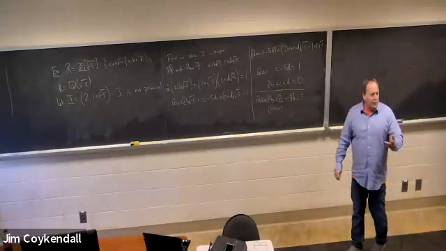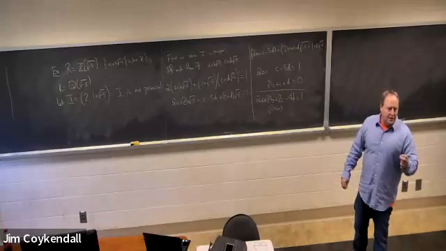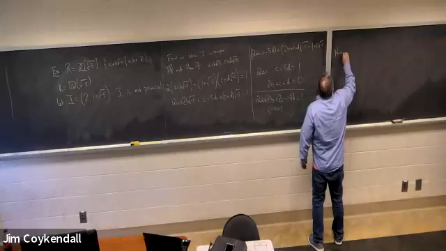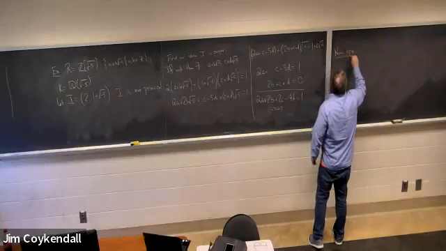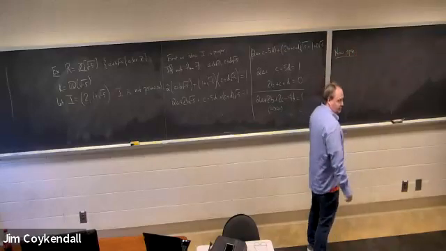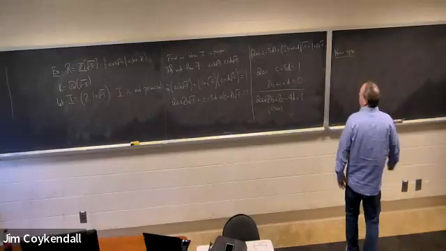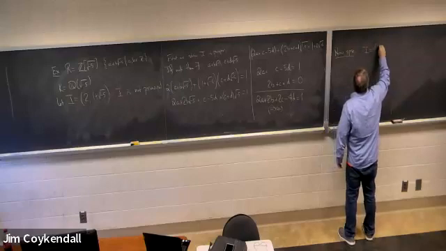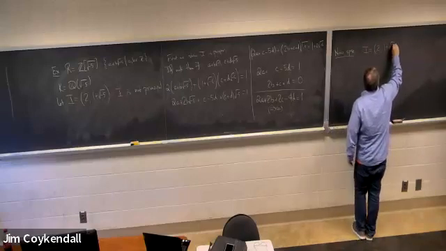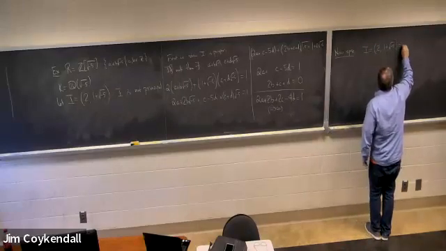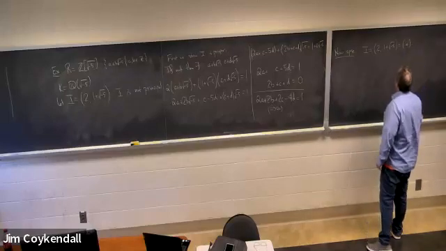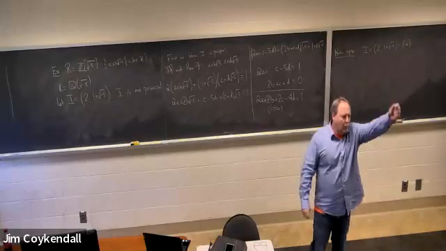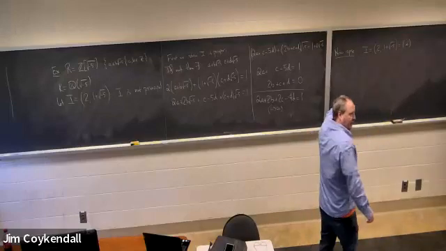I also claim that it can't be singly generated. So it's all set up here to show you that I've got a bona fide example. Now suppose that, how many of you have ever worked with the norm on this thing?